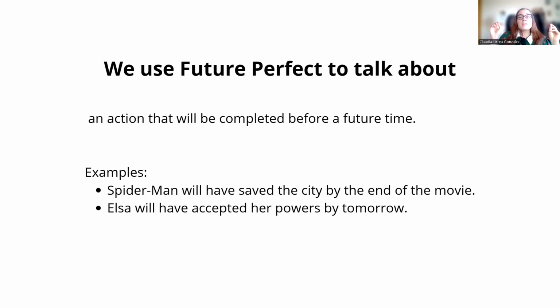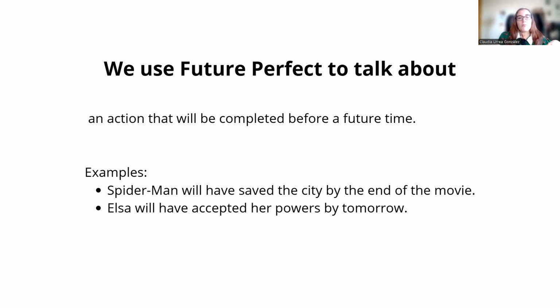For example, Spider-Man will have saved the city by the end of the movie. At the first part of the movie, Spider-Man will not be saving the city. It's going to be at the end of the movie, in a future moment, okay?